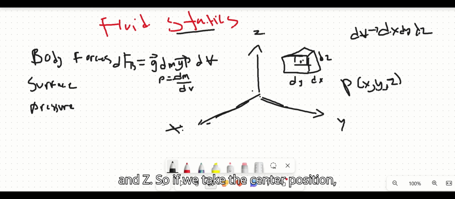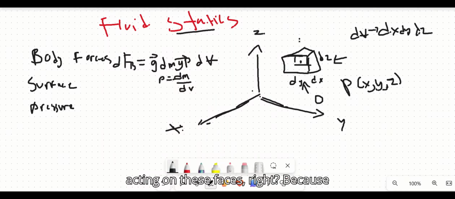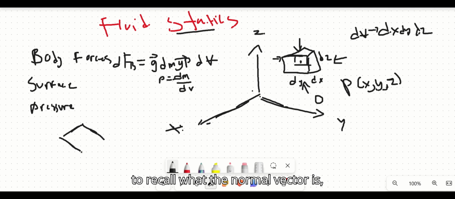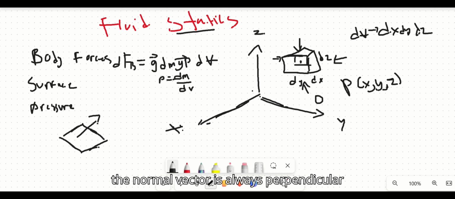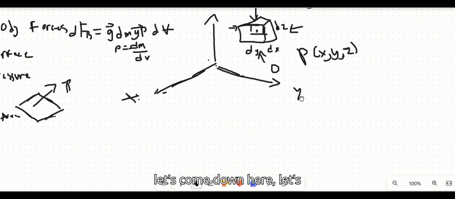If we take the center position, we'll call it O, and we want to find the pressure acting on these faces, because pressure acts on faces, it acts opposite to the normal vector. If you need to recall, the normal vector is always perpendicular to our surface, our area.